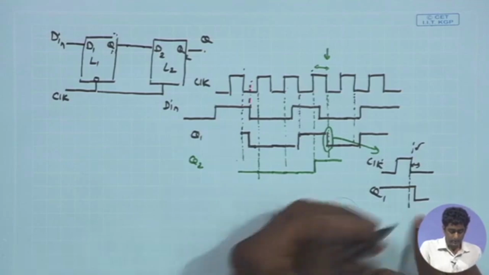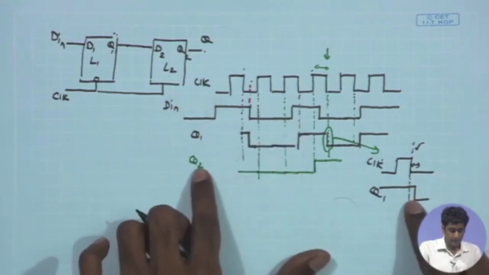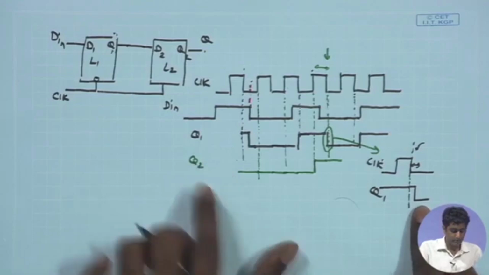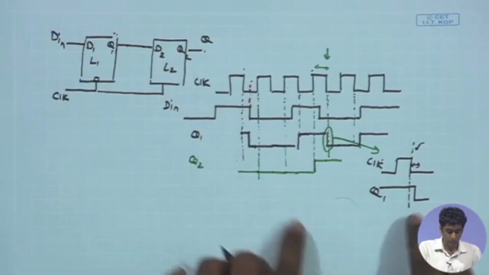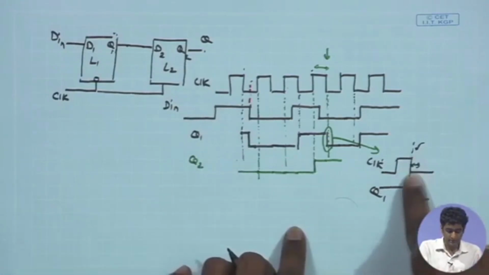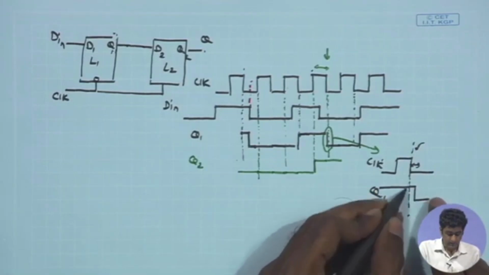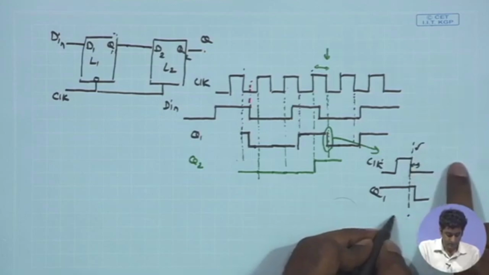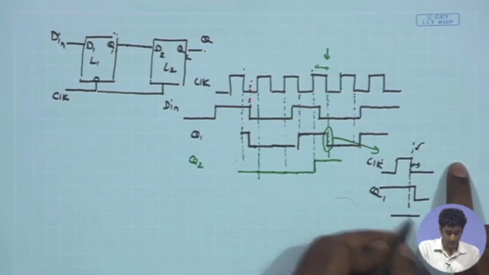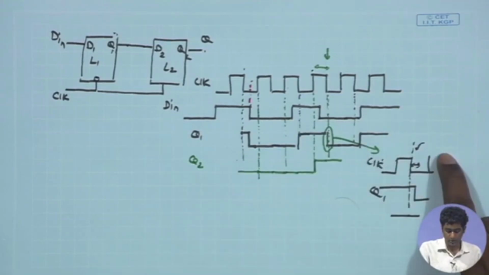And as a result, Q2 is going to become opaque to the changes in Q1 just after this negative edge of the clock, that means it will retain whatever data of Q1 was available at this falling edge. So, it will basically retain that data for this entire duration, till the next positive edge of the clock comes.